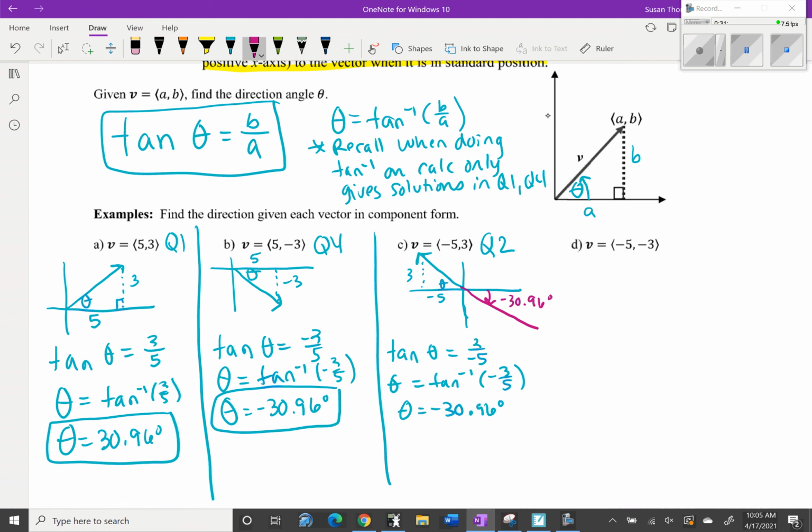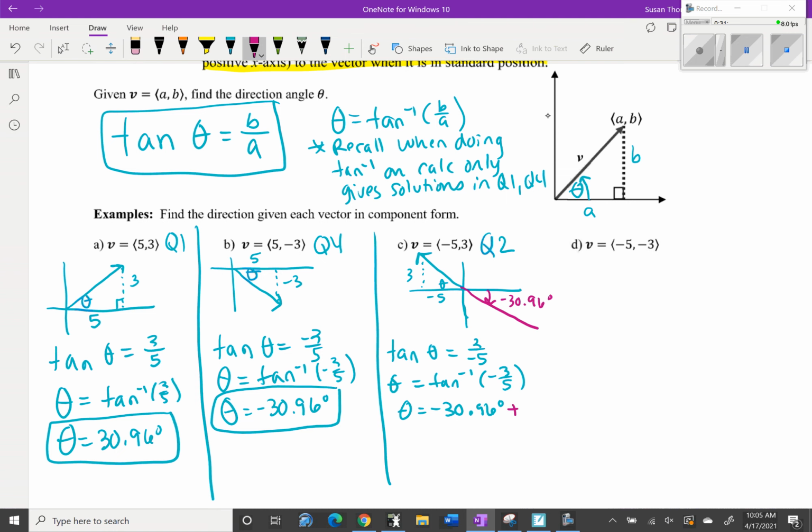So if we want to find the answer in quadrant 2, notice that is a 180-degree difference. So the difference from here to here is 180 degrees. So if you have answers in quadrant 2 or in quadrant 3, whatever you get for your angle, you're going to have to add 180 degrees to.